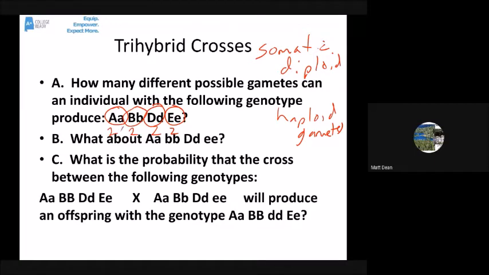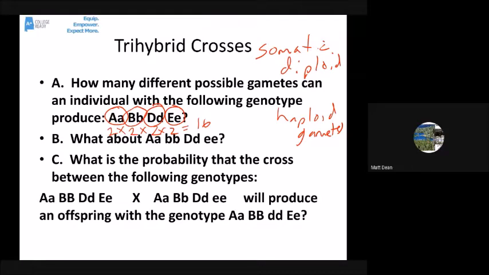We're going to multiply 2 times 2 times 2 times 2 to get 16 different combinations. So this individual can make 16 distinct kinds of gametes, each one having 1 A, 1 B, 1 D, and 1 E gene.